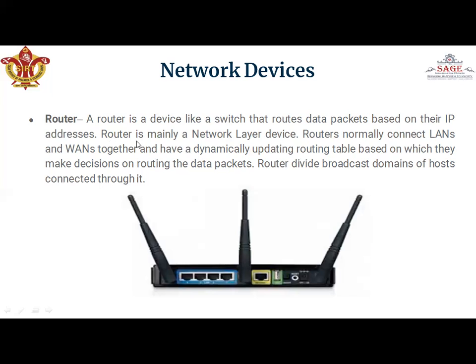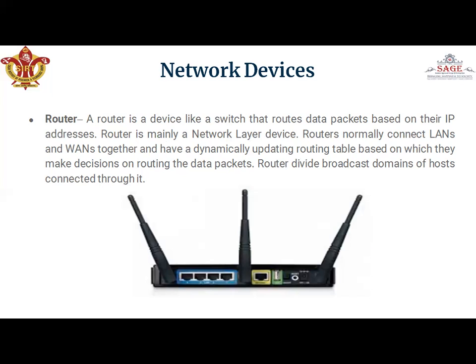Router is mainly a network layer device. A router normally connects LANs and WAN together and has a dynamically updating routing table based on which it can make decisions on routing the data packets.